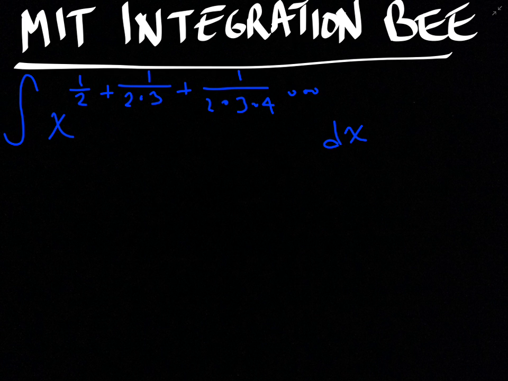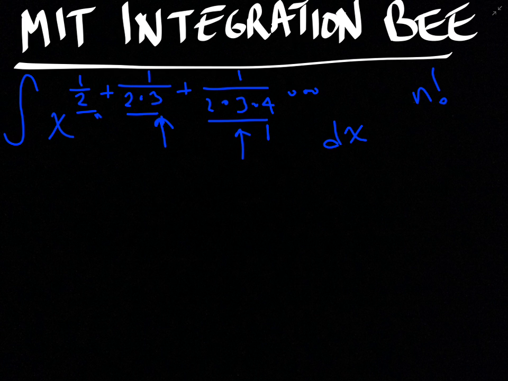1 times 2 times 3 times 4 all the way up to n, that's n factorial, the definition of n factorial. And all these terms here in the denominator, those are that factorial, right? So 4 times 3 times 2 times 1, that term is 4 factorial. This term is 3 factorial.